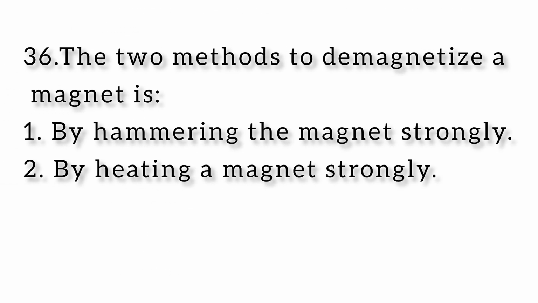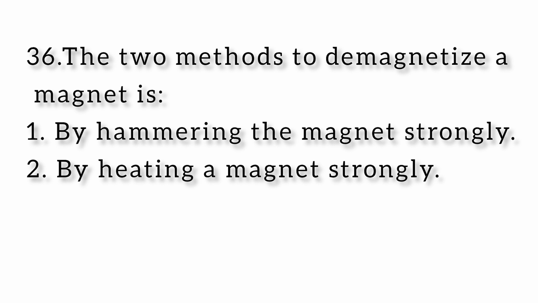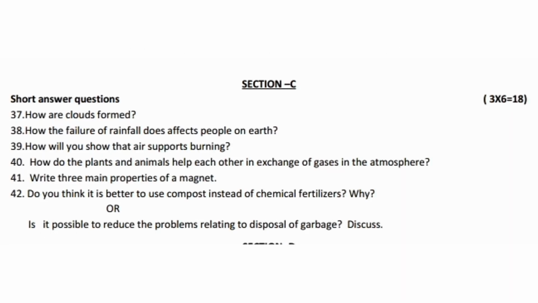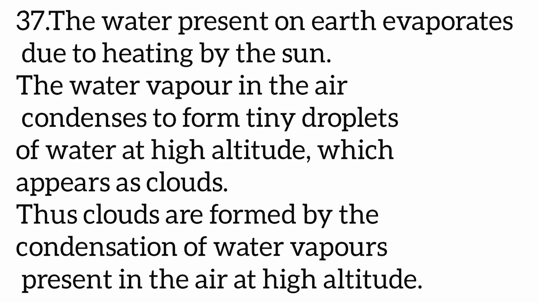Then 36, write two methods by which a magnet can be demagnetized. A magnet can be demagnetized by hammering or heating a magnet strongly. Then section C, first question, how are clouds formed? So here is the answer.